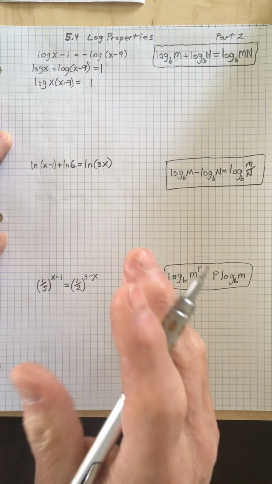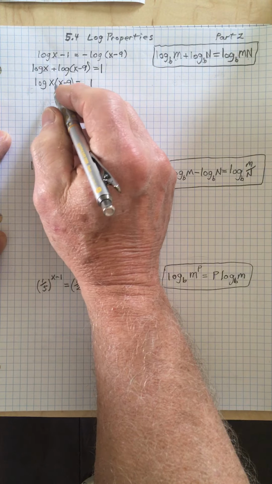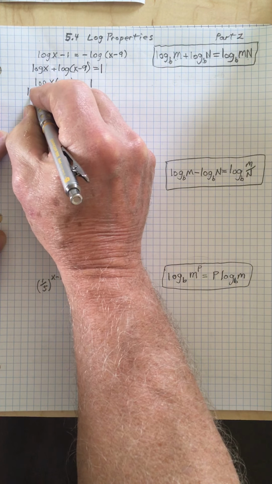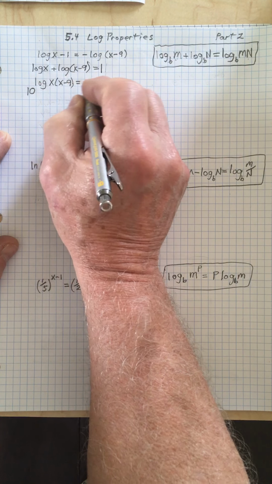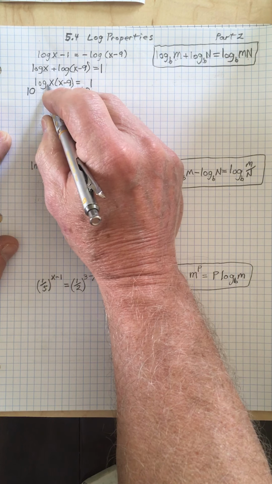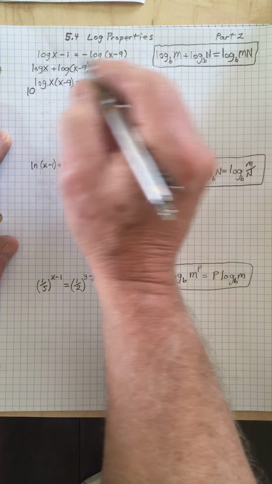Okay, now I have one log term, so now I can figure out how to get this out by itself, and our trick from last time was to raise each side by these powers and make the base match this base. So if this is base 10, I want 10 raised to this and 10 raised to this.